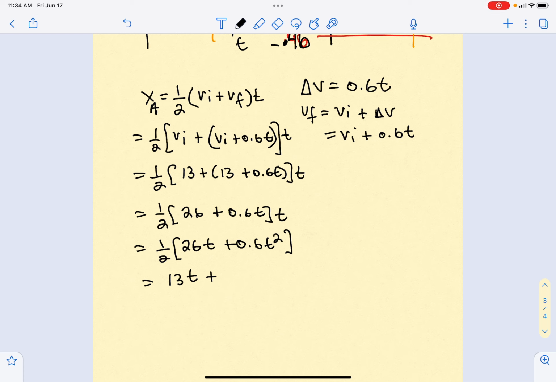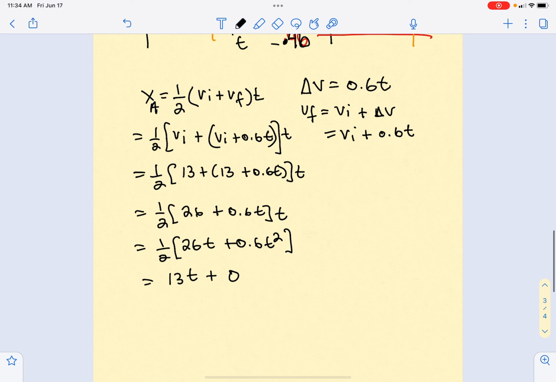We're going to divide that by 2, and we end up with 0.3t squared. And that is our complete position equation for car A.